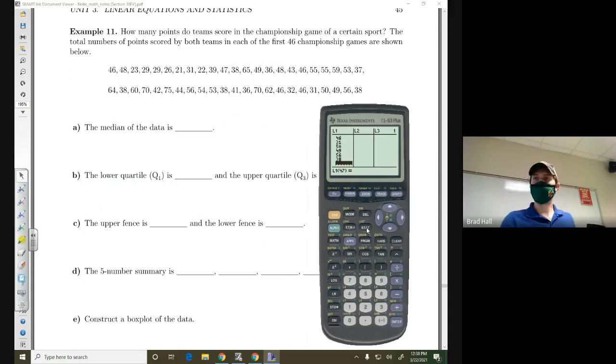It should be 46 data values, so that should say 47. Sometimes people will miss one or add an extra one. But that's why I want to make sure everyone does this along with me.